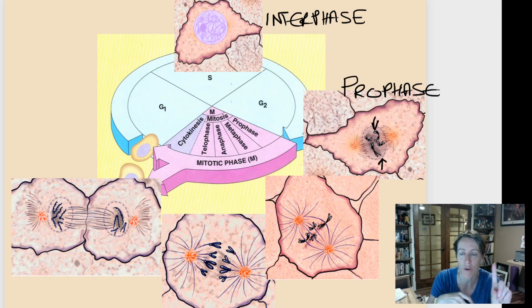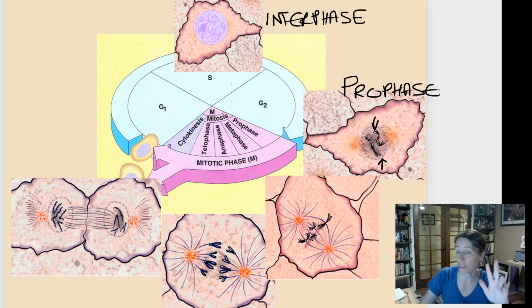So that's number one for prophase. Chromosomes become visible. They're replicated. They look like these X's. The nuclear envelope, which is the membrane that surrounds the nucleus where the chromosomes are kept, is starting to disintegrate. That's why it's shown here in a dotted line. See, this is starting to go away. So that's another part of prophase: the nuclear envelope disappears.